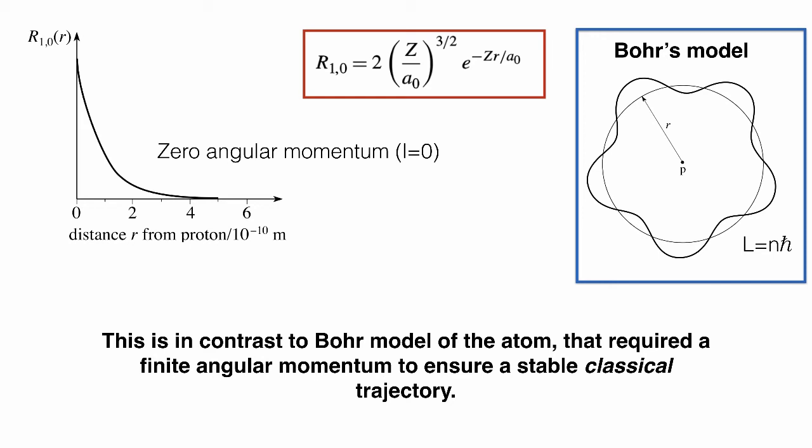But even if there is no angular momentum, like the zero angular momentum state L equals 0, this is a state that belongs to the spectrum of the hydrogen atom. In fact, this one is the ground state.